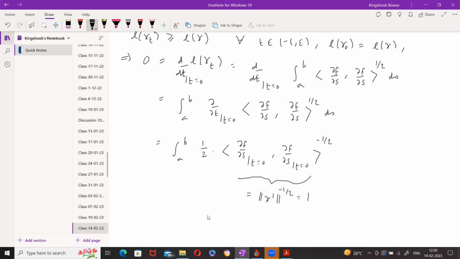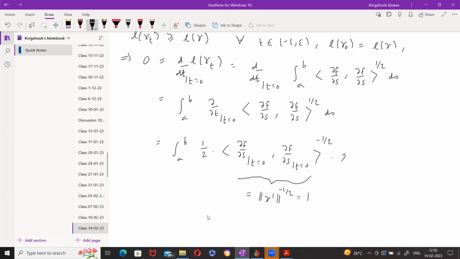Now I have to differentiate the inner product, right? But because the inner product is bilinear, this is going to be the inner product between del del t of del f del s with del f del s, plus the inner product of del f del s with del del t of del f del s, by the Leibniz rule.